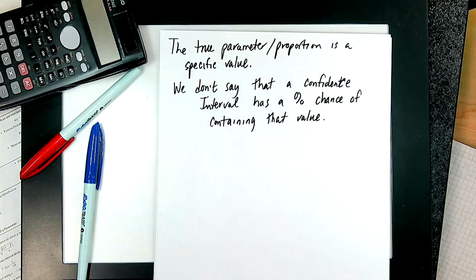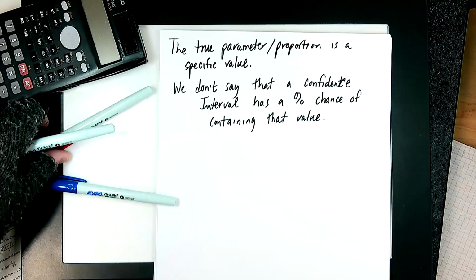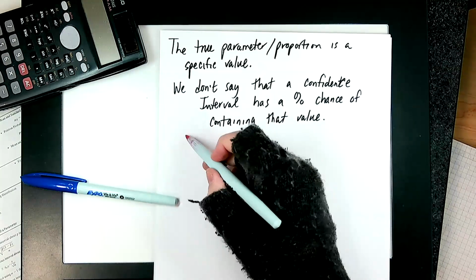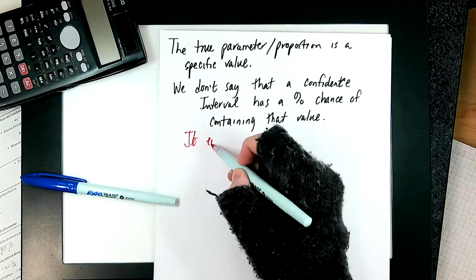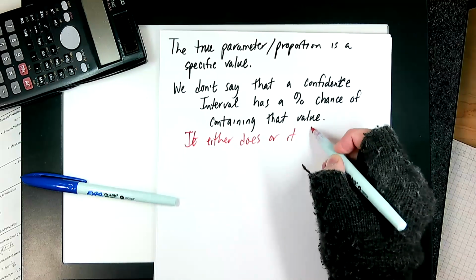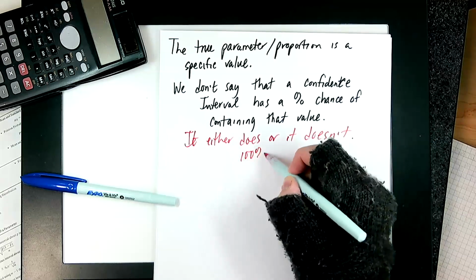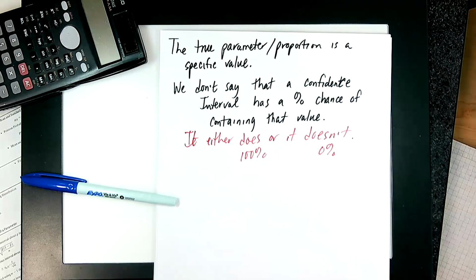It either does or it doesn't. Which means it's either 100% contains it or 0% contains it. We just don't happen to know what it is.